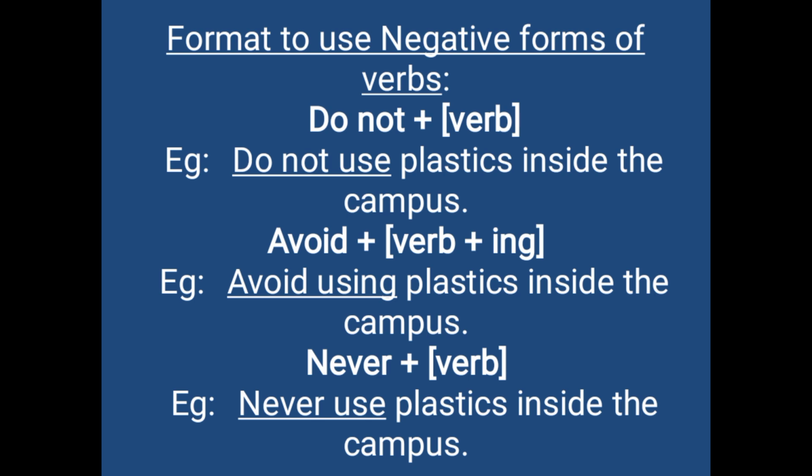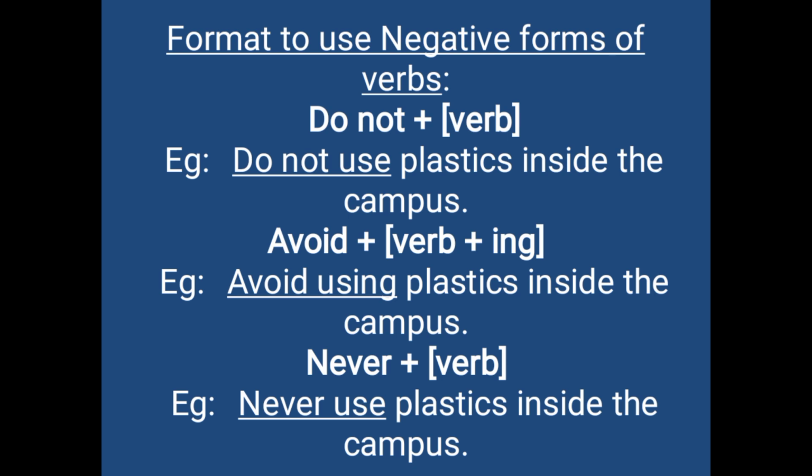Then we can also use avoid plus verb plus ing. Avoid using plastics inside the campus. You can say avoid using drugs inside the campus. Now instead of avoid, we can also use never. Never plus verb. When you write never, don't use the ing form of the verb.